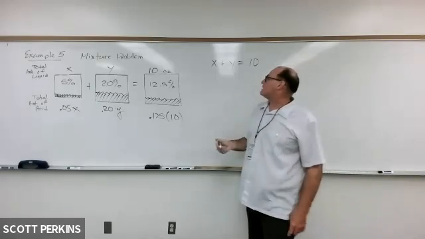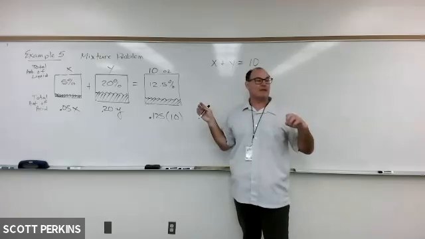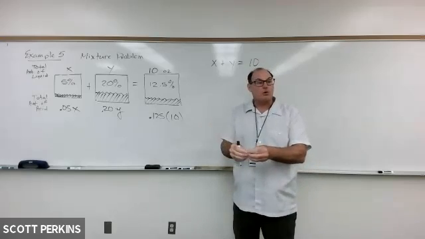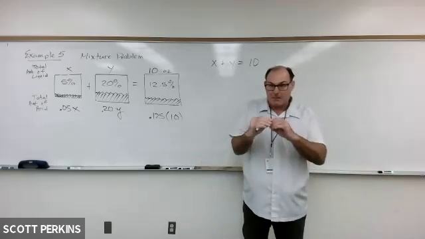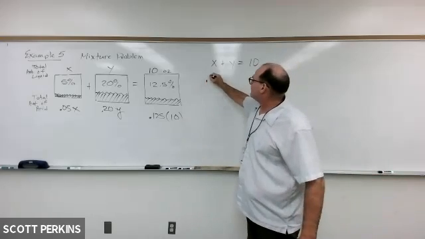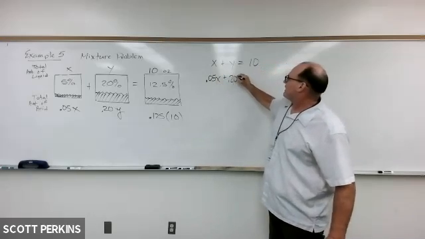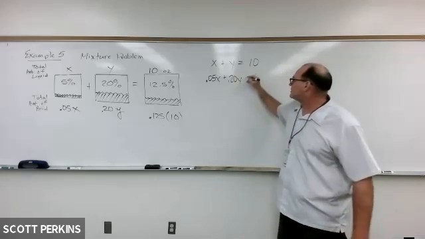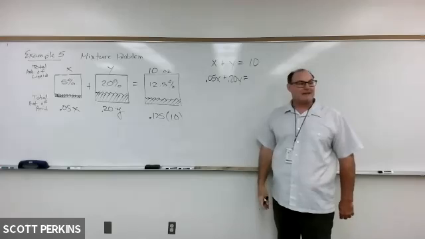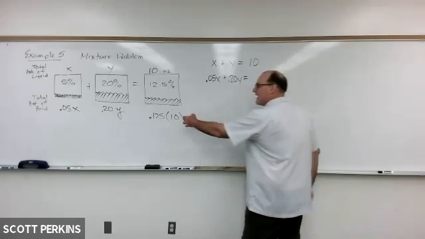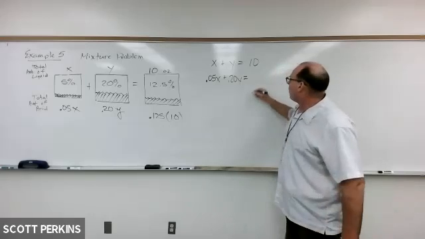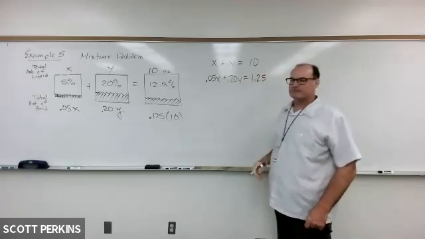And then the second one says, okay, that's the total amount of liquid. Now we're going to deal with the total number of acid molecules, because that's a part of this. So the total amount of acid molecules the first box contributes plus the total amount of acid molecules the second box contributes has to equal the total amount of acid at the end result, which is 10 times 0.125 or 1.25.